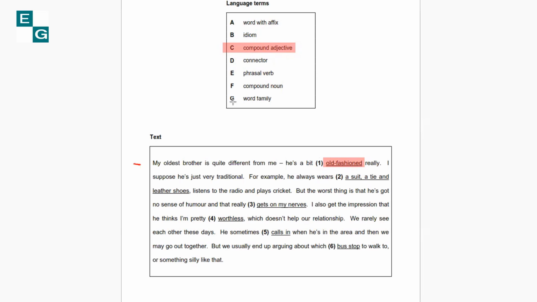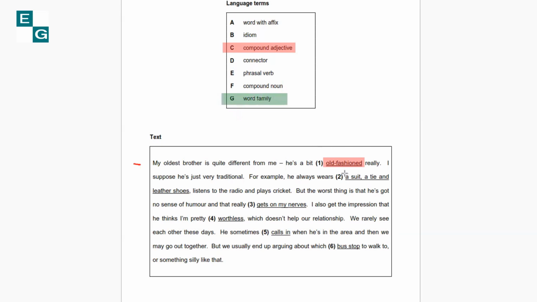For example, he always wears a suit, a tie, and leather shoes. And I could say and think that those 3 words or expressions are going to be used in this exam as, let's think about it, as a word family.